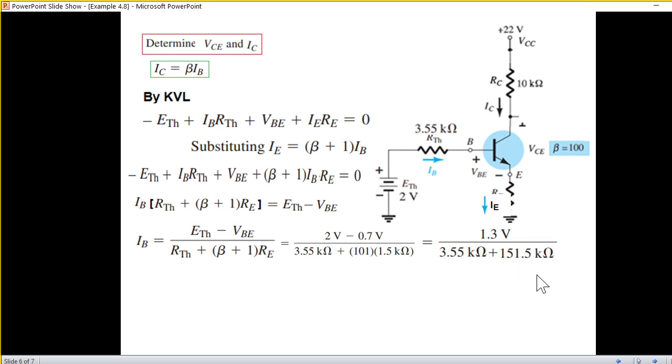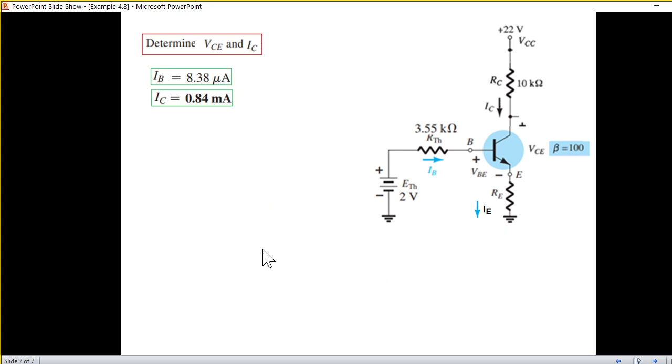And then solving further, IB is 8.38 microampere. IB we have found. Now we'll use this formula to find IC. So beta times IB, beta is 100 times IB. So IC is 0.84 milliampere. So the first part we have done.